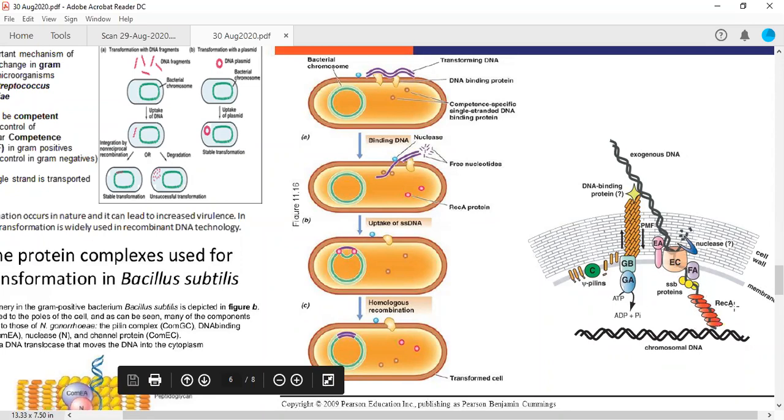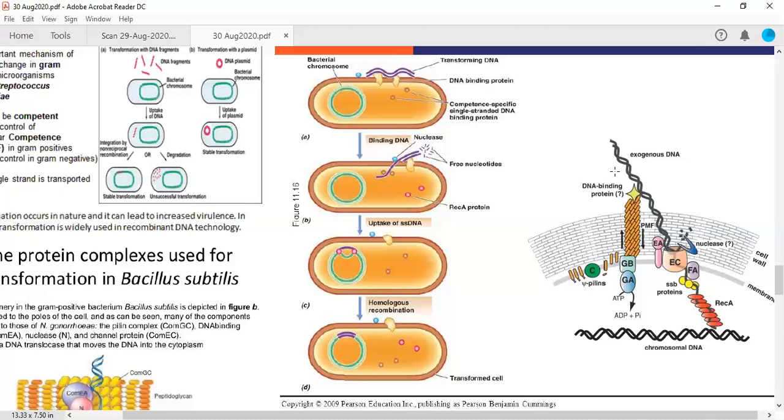Finally, the RecA proteins will bind to the single strand and help in the recombination process, while this segment will be integrated into the bacterial chromosome. Now you will note that this is an ATP dependent process, so it will need some ATP energy to carry out this transformation process in the recipient cell. It will require some energy.